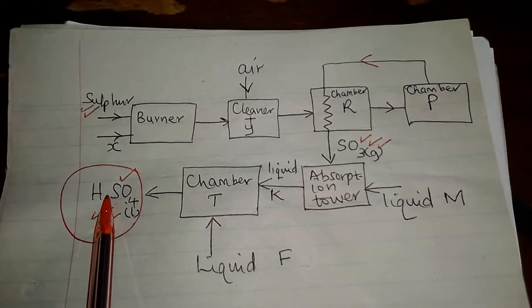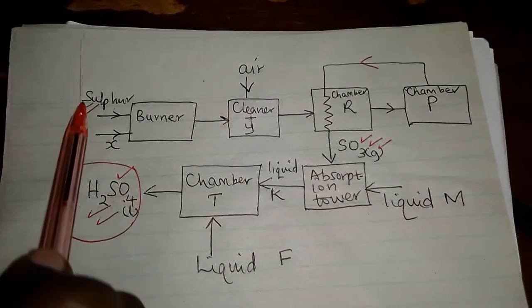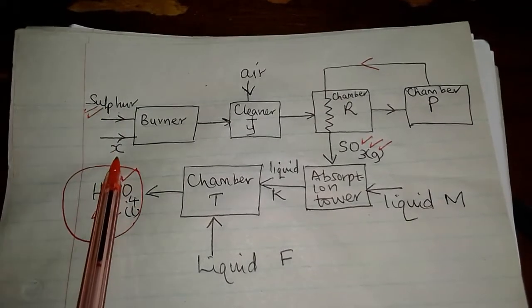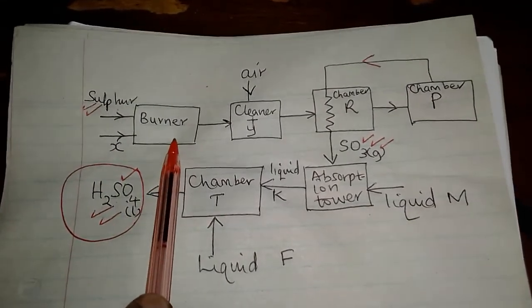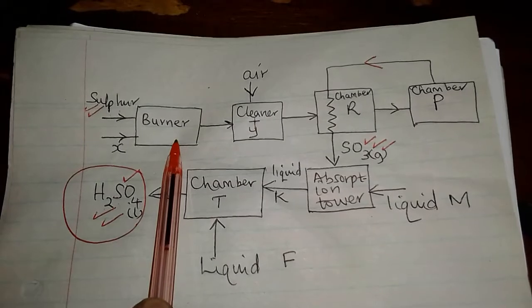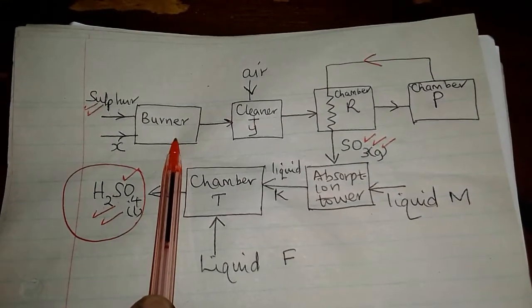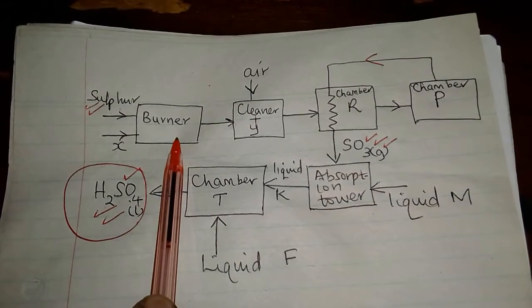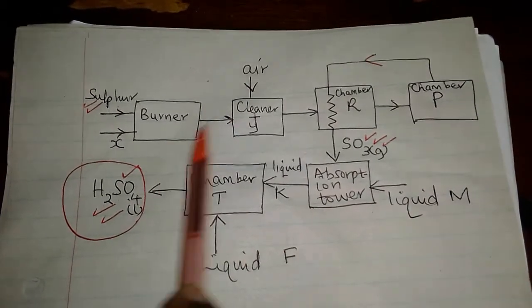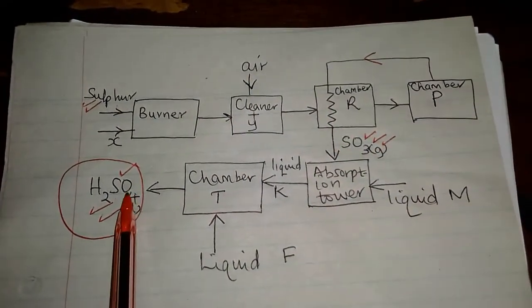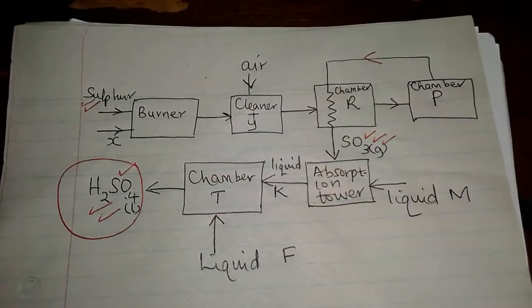So sulfur and something X gets fed into a burner. It can be a kiln where temperatures are high to facilitate the reaction. Temperature becomes one of the factors that can favor a reaction in as far as speeding up the reaction is concerned, as we shall explain in detail.